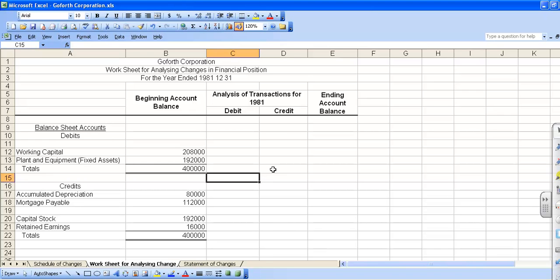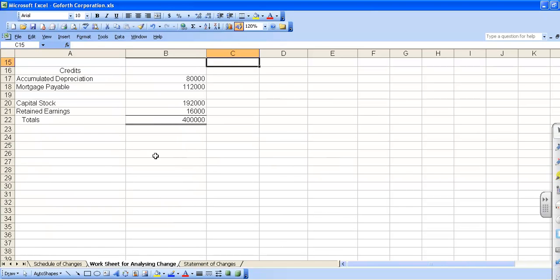So now we are ready to enter in our changes. Okay, so the first change that we have is going to be, oh, actually, before we do that, we're going to go down, we're going to type in our changes in working capital. So I'm just going to do that. Changes in working capital.